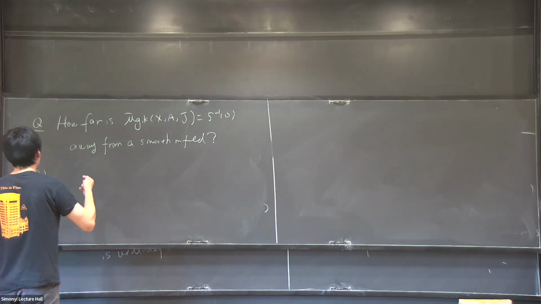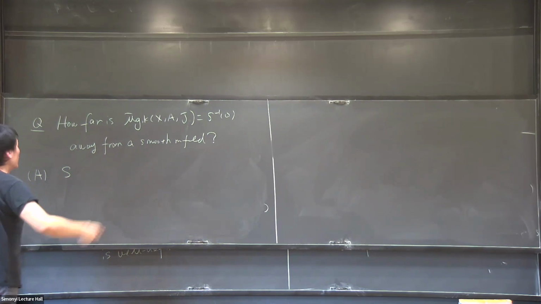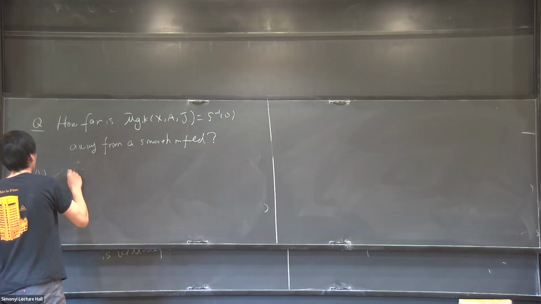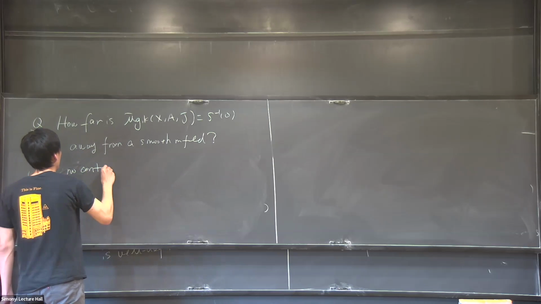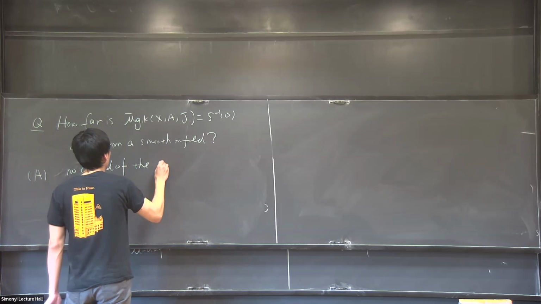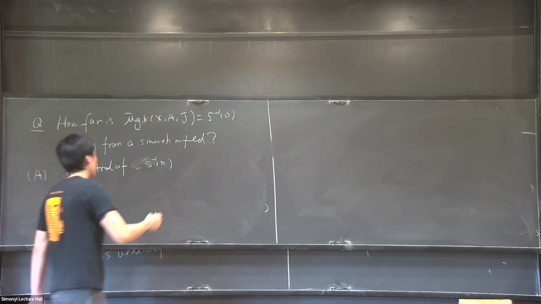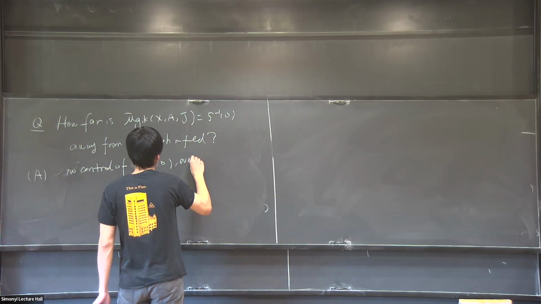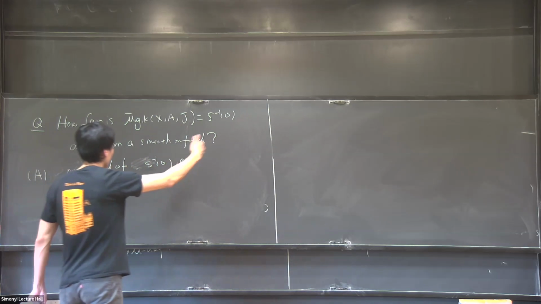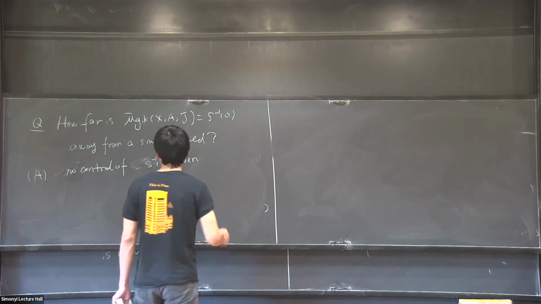So the first issue is that as a continuous function, we have no control of the zero locus, even if we ask S to be smooth. Take an arbitrary smooth function, look at the preimage of zero; we have no control of what it is if zero is not a regular value.